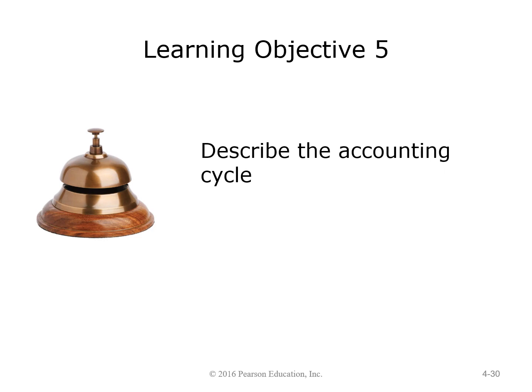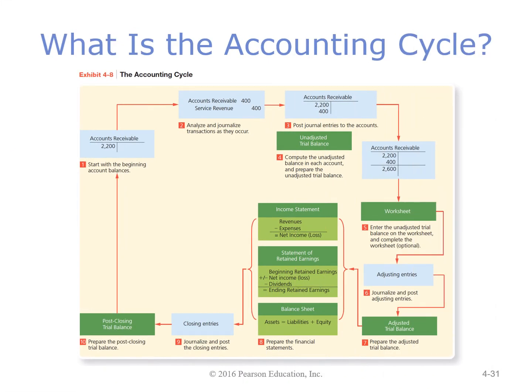What did we explain during the whole 4 chapters? This chapter was the closing of the accounting cycle, the last thing to be done in the accounting cycle.